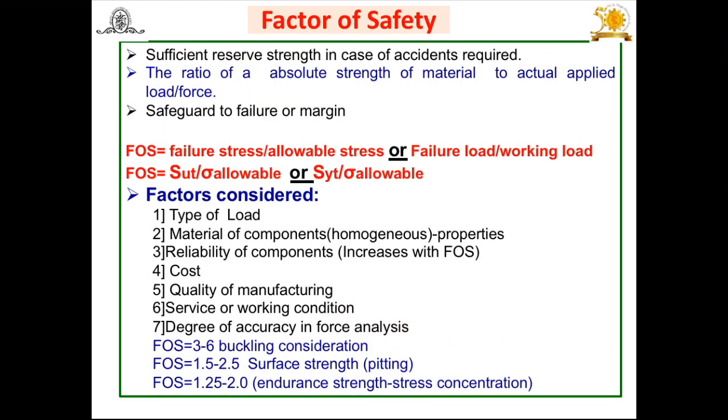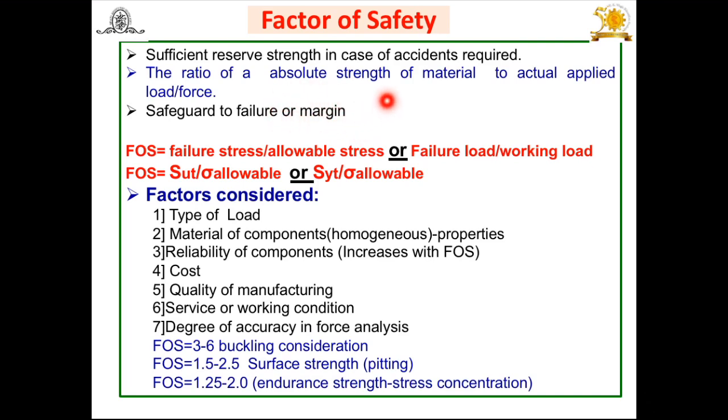Now another important point, that is factor of safety. What do we mean by factor of safety? In design, we have to safeguard the machine elements or the component against failure, or we have to provide some margin.